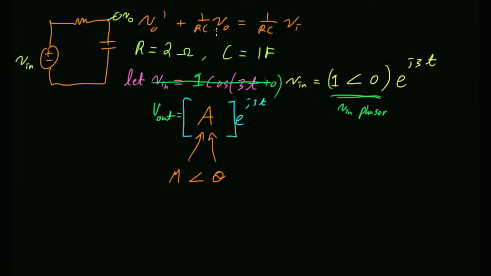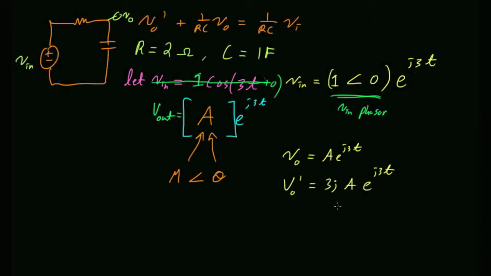If V out equals some unknown complex number A times e to the j3t, what do you think V out prime, the derivative of V out, equals? Right. Good. 3j A e to the j3t. Just took the derivative.